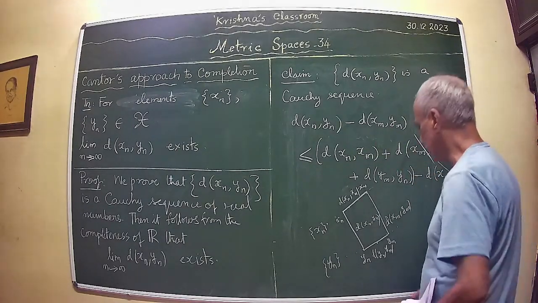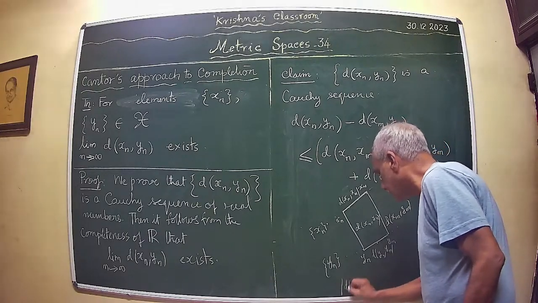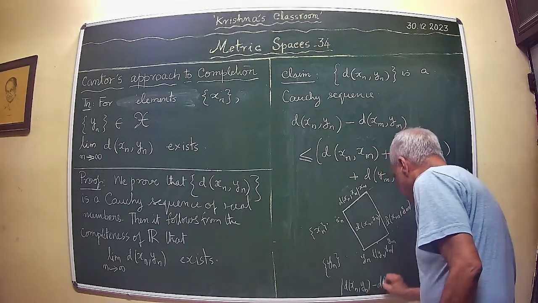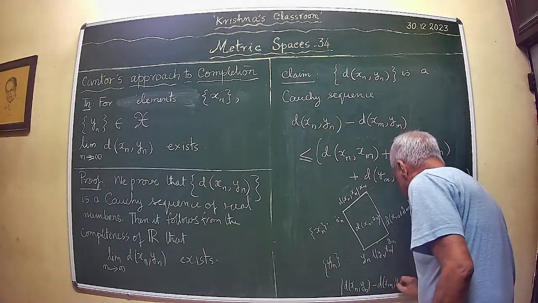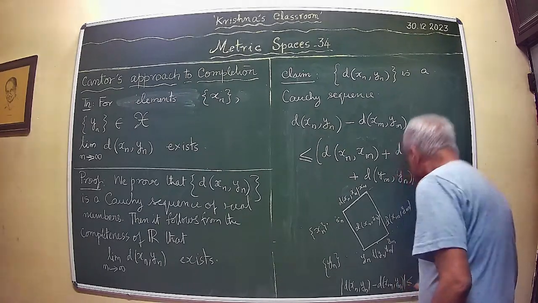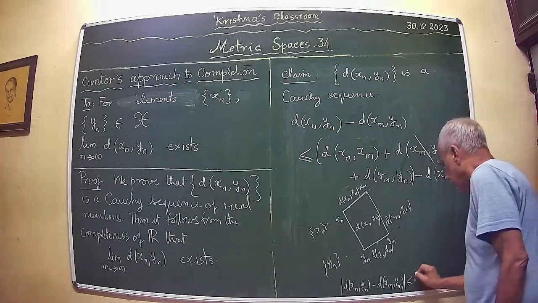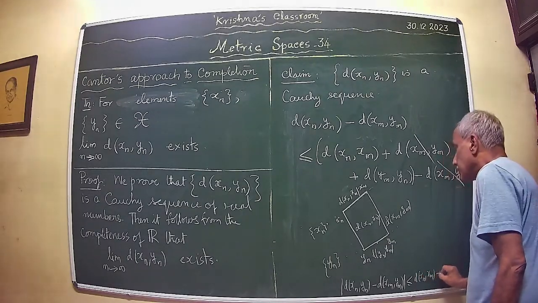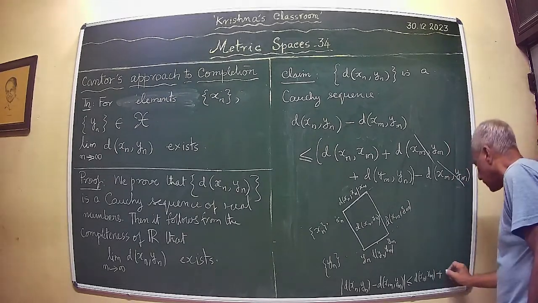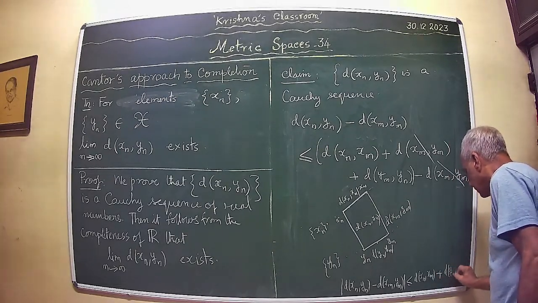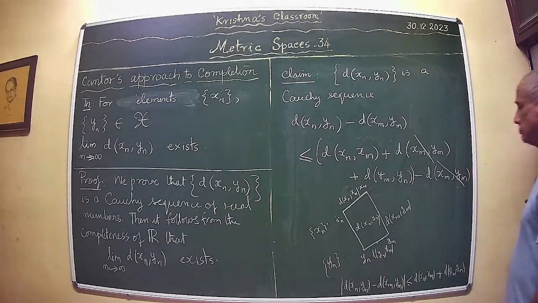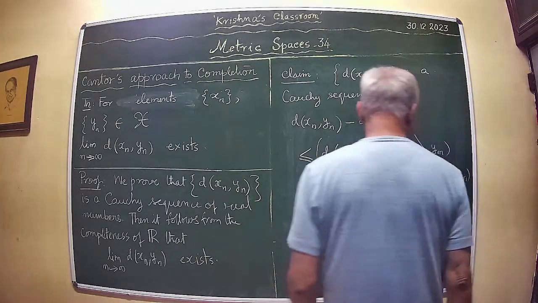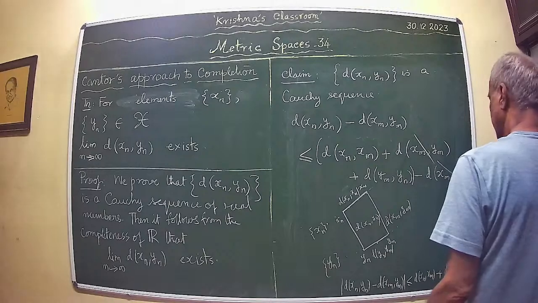So we have d(xn, xm) plus d(yn, ym). This is the estimate that you have.